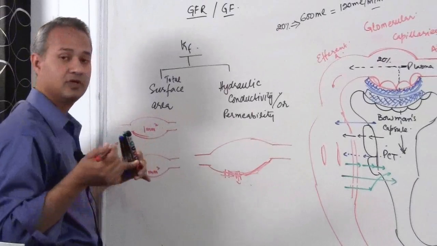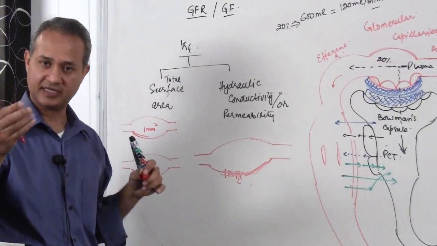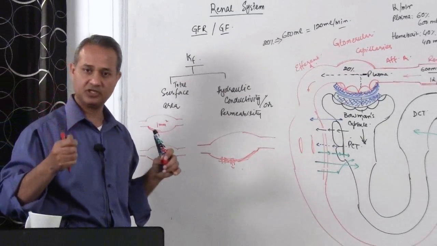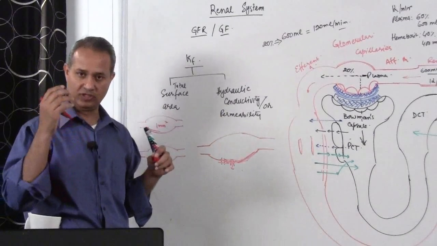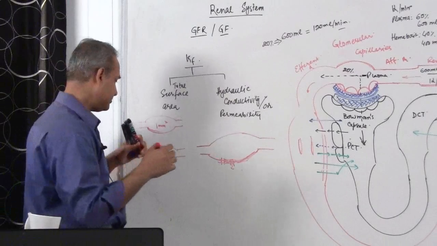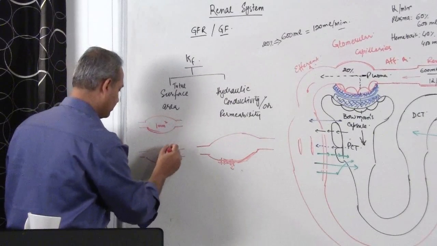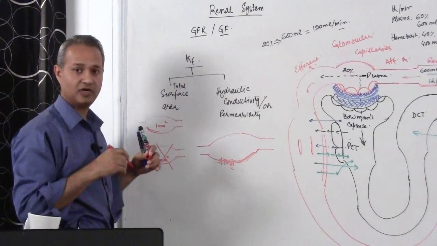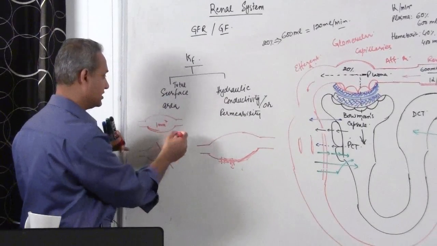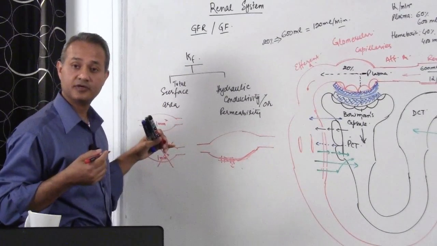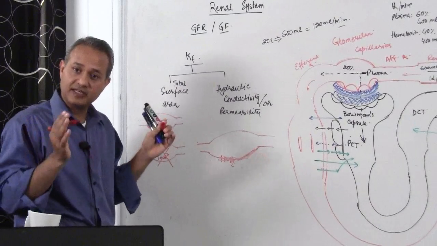If due to some reason, for example, there is a kidney stone, or there is hypertension, or there is diabetes, or there is pyelonephritis, or there is chronic renal failure, for whatever reason, one of the glomeruli got damaged. So the total surface area, which was 2 millimeter square, is now 1 millimeter square. Correct? So now surface area has reduced.